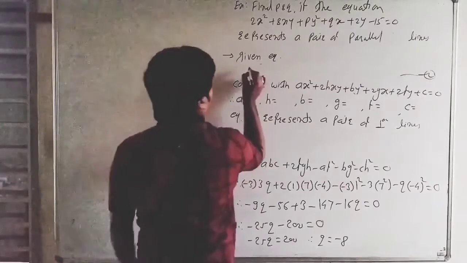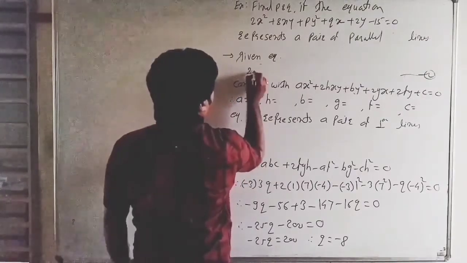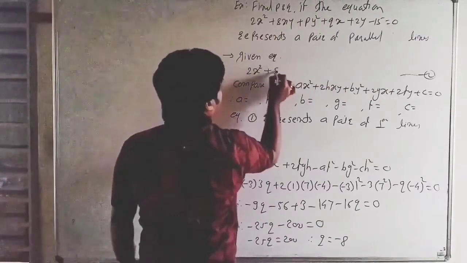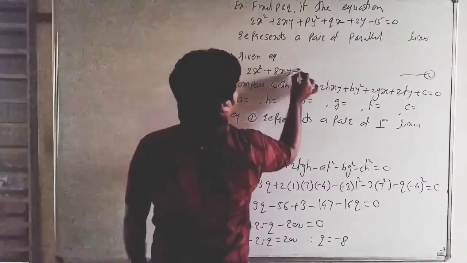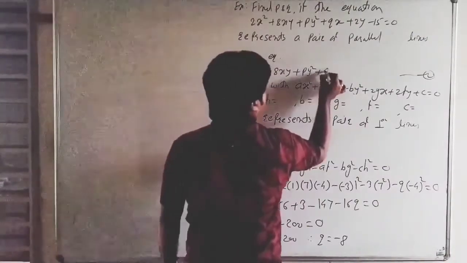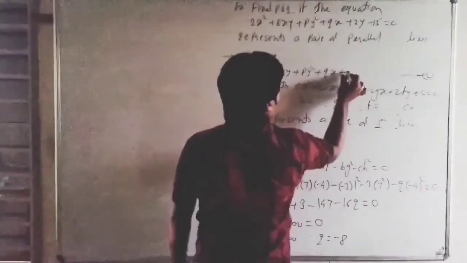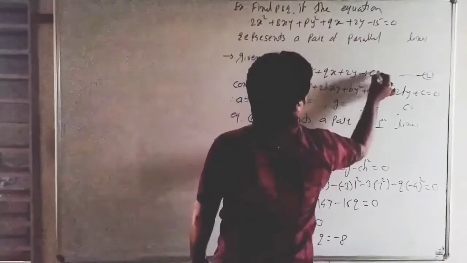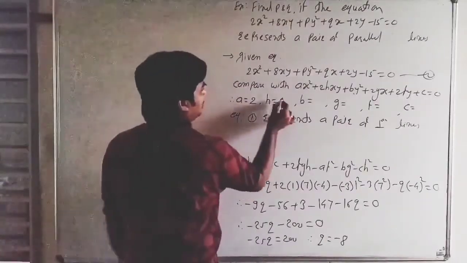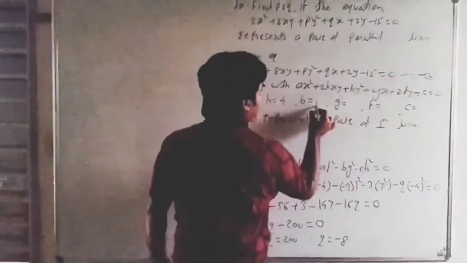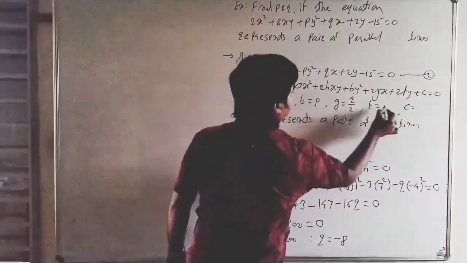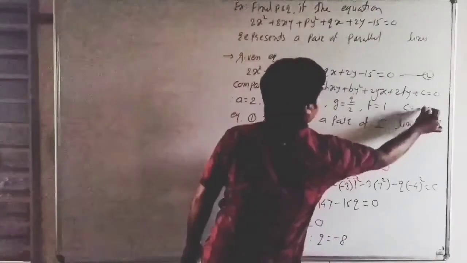Now it is given equation 2x square plus 8xy plus py square plus qx plus 2y minus 15 is equal to 0. Okay. Therefore a is equal to 2, h is equal to 4, b is equal to p, g is equal to q by 2, f is equal to 1 and c is equal to minus 15.